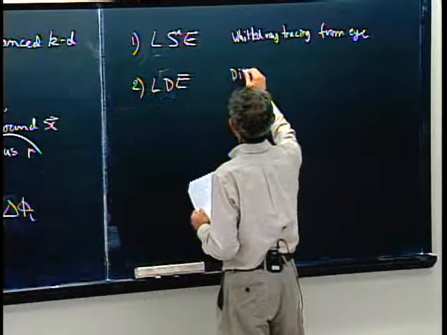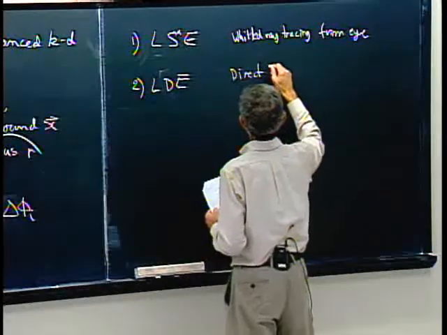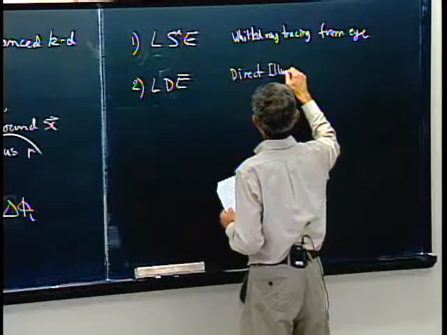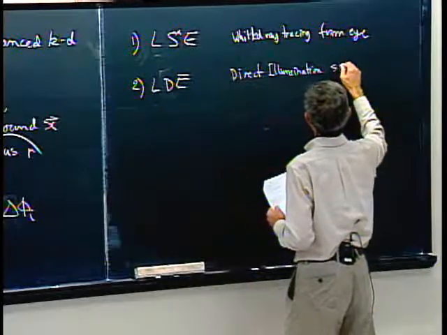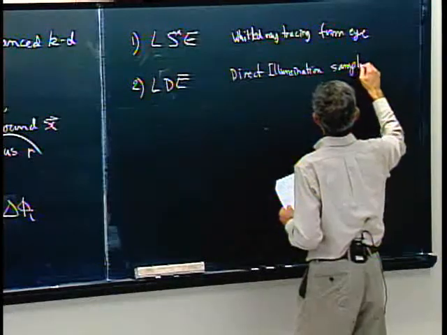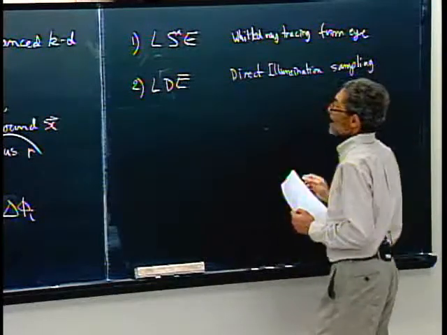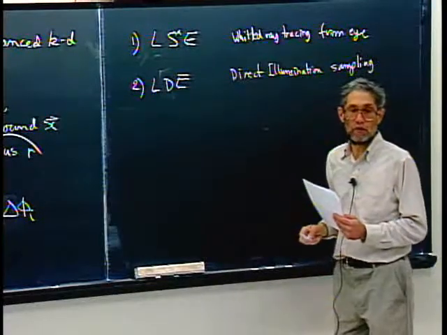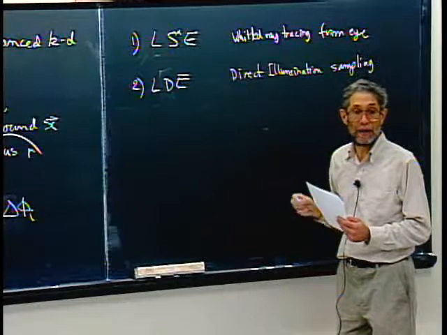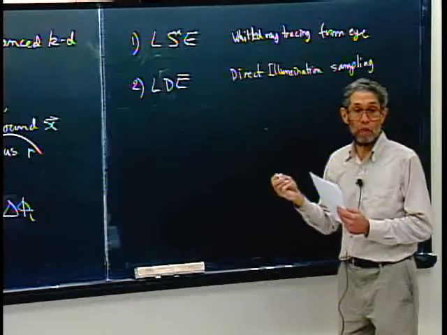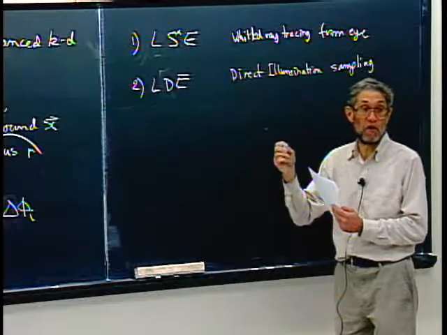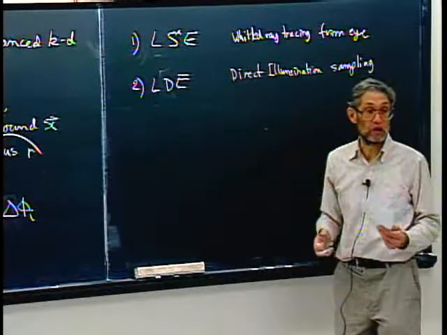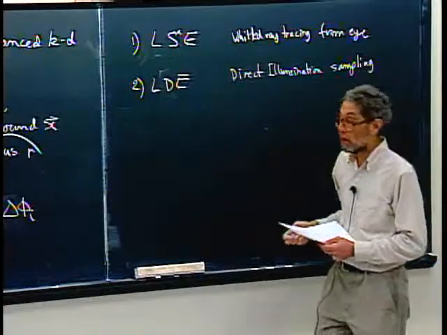This would be direct illumination sampling. Right, that you can do without too much noise, as you've discovered in your homework. The direct illumination, you could get a reasonable picture with the same number of samples with less noise than the indirect, because you're only aiming them at the light source, and it's just shadow rays.